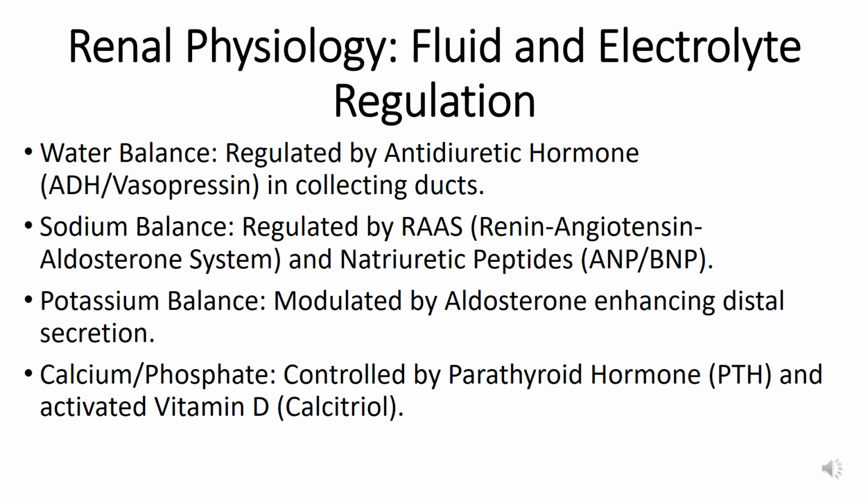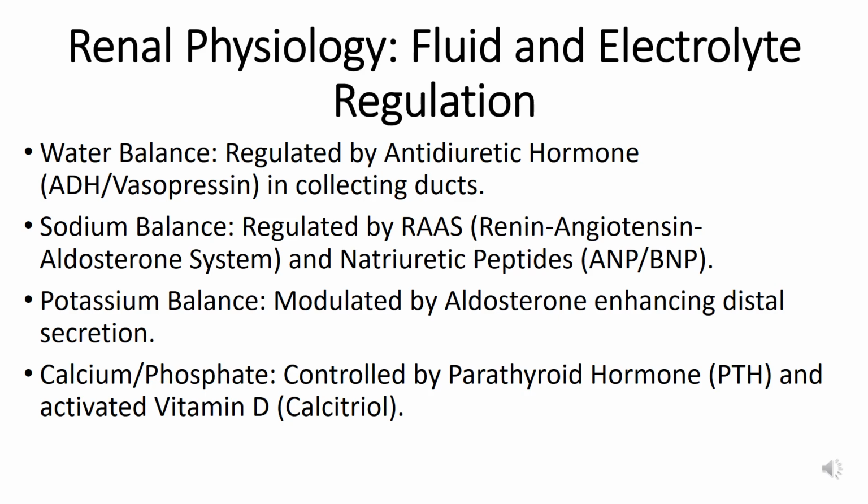A key hormone involved in water regulation is antidiuretic hormone, or ADH. Antidiuretic hormone is also called vasopressin. It is released from the posterior pituitary gland. When the body senses dehydration, antidiuretic hormone levels increase. Antidiuretic hormone acts mainly on the collecting ducts of the kidney.